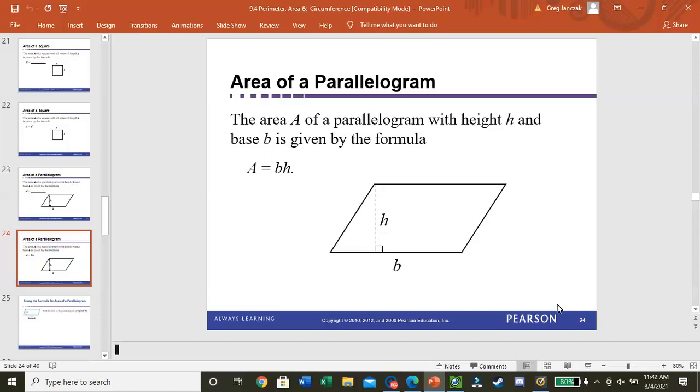The opposite sides are the same and they're parallel, but the difference is the rectangle angles are what? All the angles in a rectangle are 90 degrees. That's the only difference between a parallelogram and a rectangle.